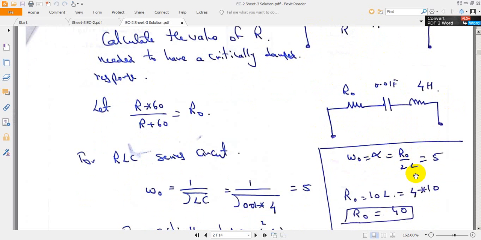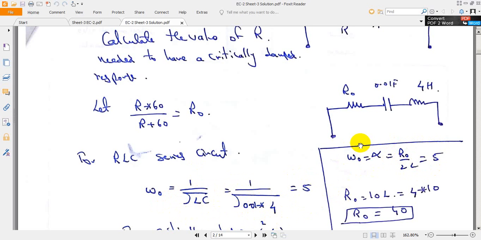For a given RLC series circuit, alpha is equal to R naught by 2L. And if you evaluate omega naught, it is equal to 1 by square root of LC. Substitute the value of L and C, you will get 5. When omega naught is equal to alpha, we can write R naught by 2L is equal to 5.